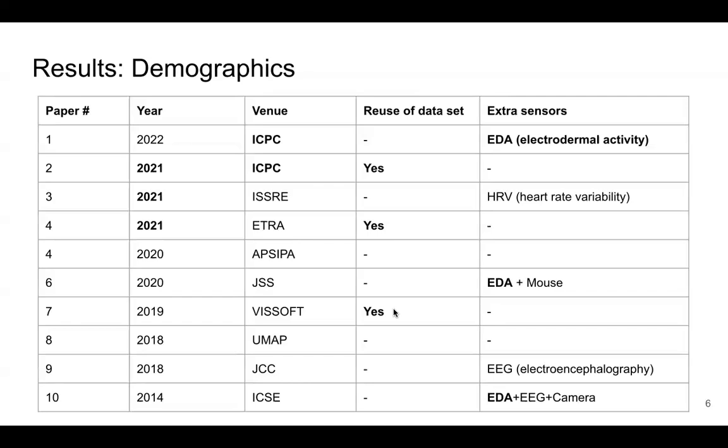Because we are examining the papers from the perspective of a machine learning application, we are interested to know whether or not they are reusing some of the existing data sets. We can tell 3 out of the 10 papers have reused the existing data sets, which is encouraging.